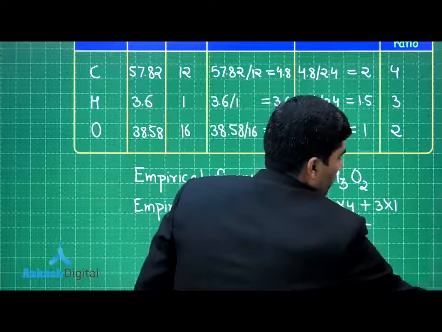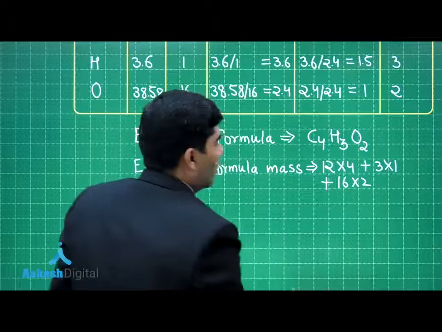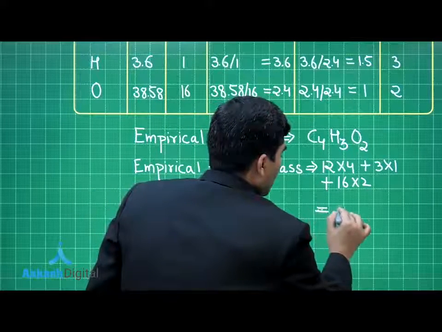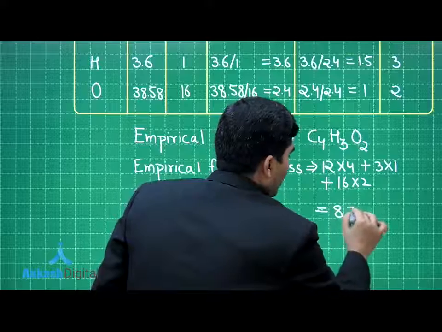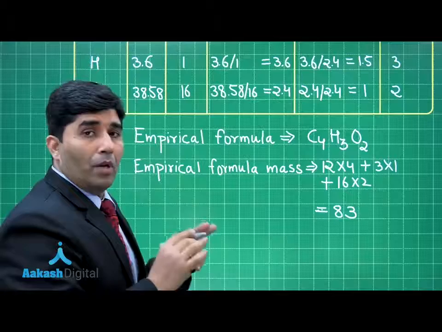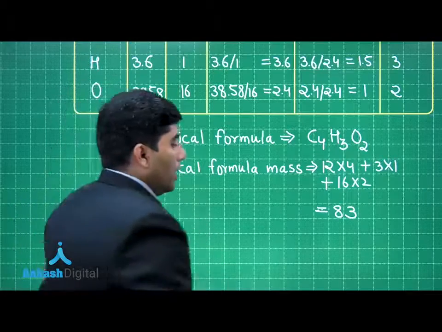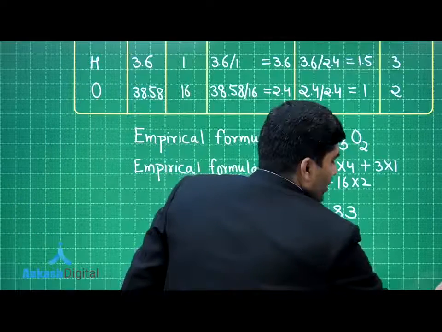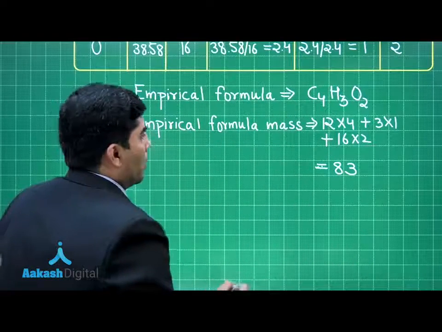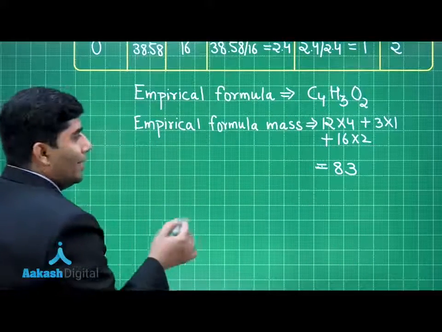So, by this we will get this is equal to 83. So, 83 is our empirical formula mass, right. Now, the next step is vapor density is given to us.